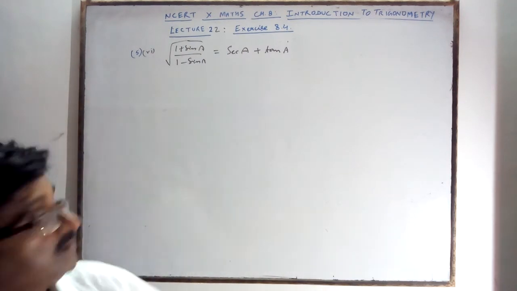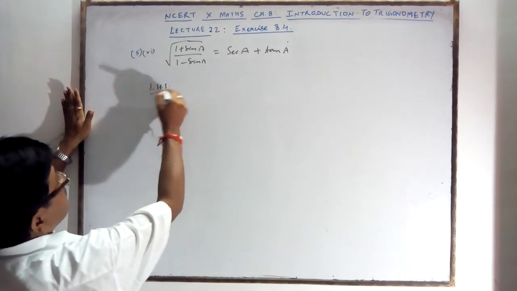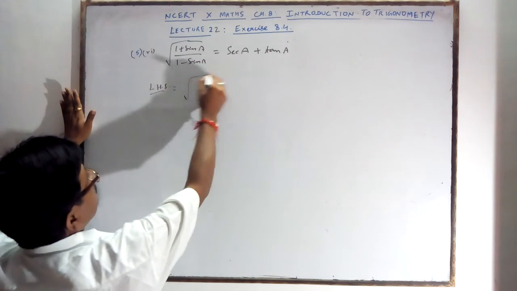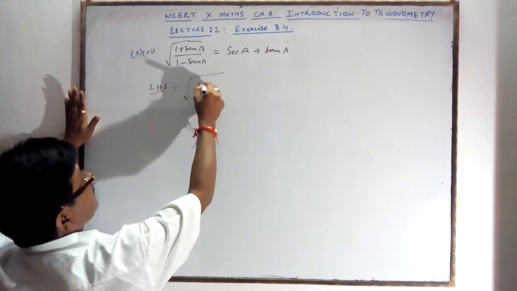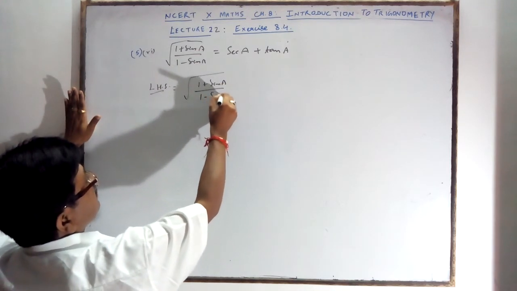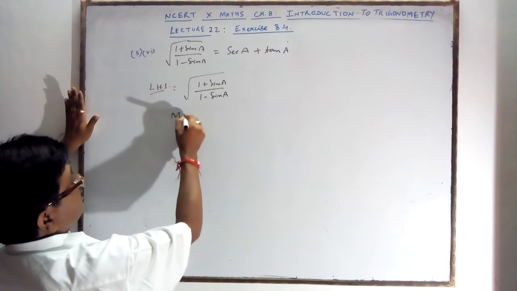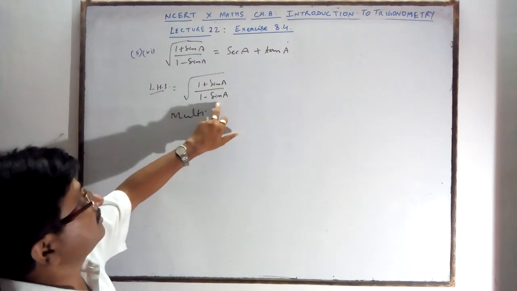What is this? Very simply you can do it. LHS, you can solve yourself. Here you will apply the rule of rationalizing factor of class 9. How will you do it? By multiplying. How will you reduce the denominator?